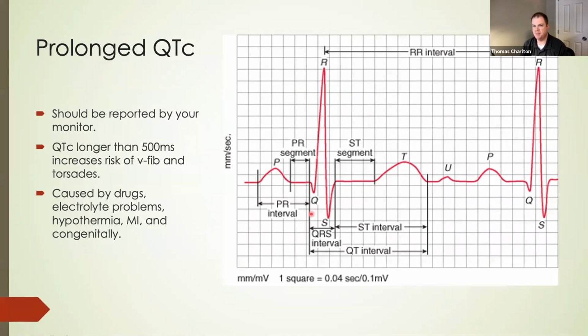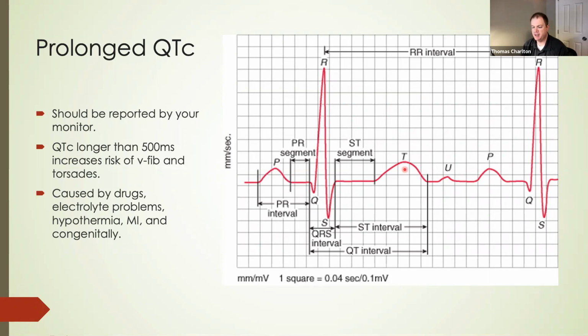However, in some people, either because of drugs or because of hypothermia or an MI, electrolyte problems, or congenital issues, that won't occur. And so as the person's heart rate goes up, increasingly the QRS complex that's going to follow the T wave will get closer and closer to that T wave, until some of the time that QRS is going to hit when you're still in the process of repolarizing the myocardium.